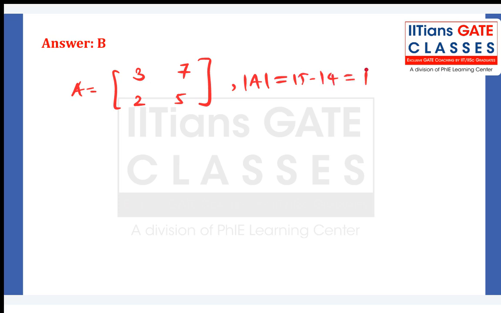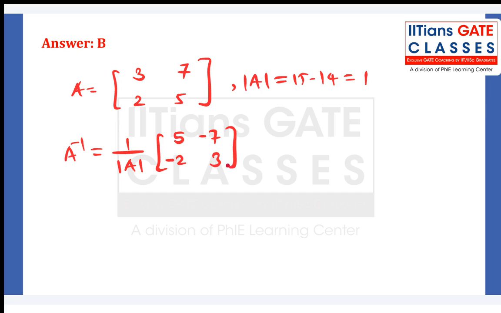And what is the A inverse in this case? You should know the trick for finding the A inverse. First of all, you multiply by the reciprocal of the determinant, and you interchange the principal diagonal elements. Off-diagonal elements remain the same, but their signs are changed.